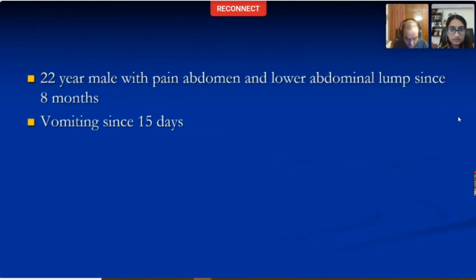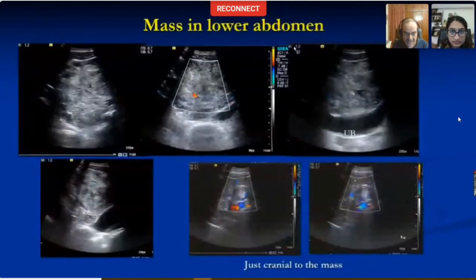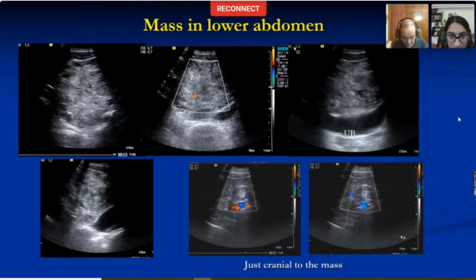This is going to show you a 22-year-old male with pain abdomen. It's an unusual sort of case, and I'll help you as we go along, with a lower abdominal lump and vomiting for the last 15 days. This is an ultrasound of the lower abdomen, and I understand that it will be difficult to interpret without anatomical localizing.